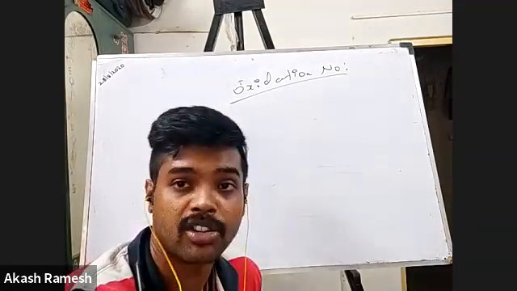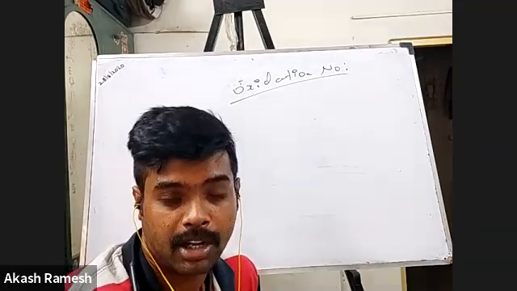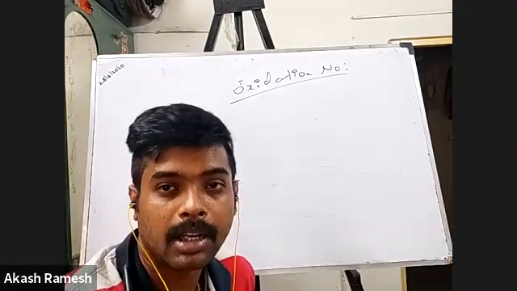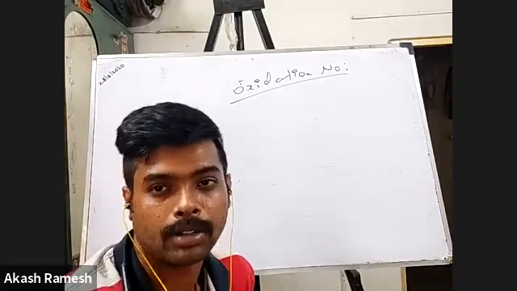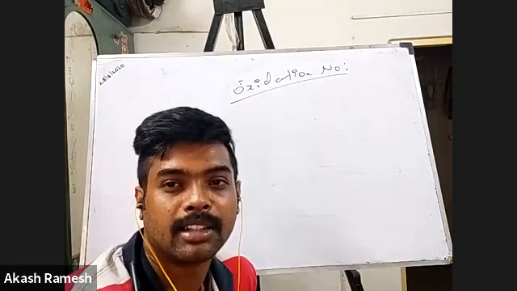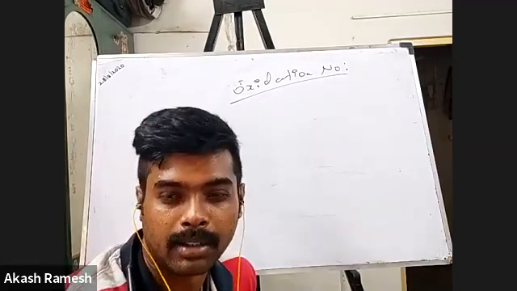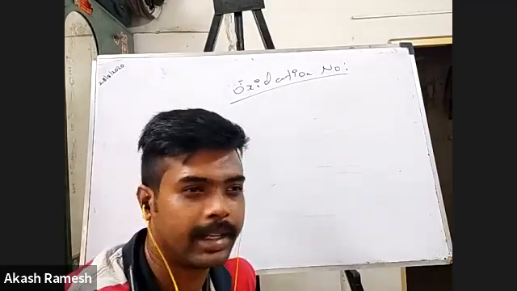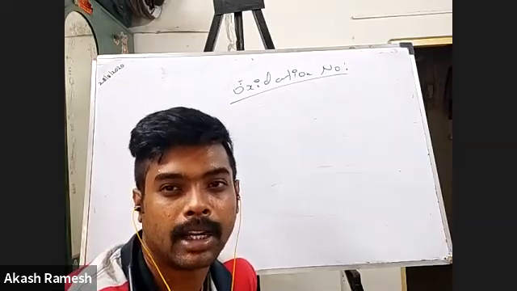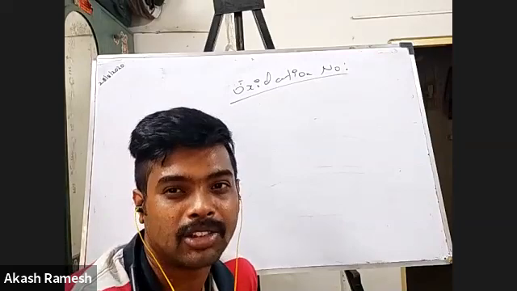So I'll repeat the definition. Oxidation number is the actual charge possessed by the element in an ion or a compound. Very simple. Or I can even say that it is the valency of the element. In almost all the cases, you will find that it is basically talking about the valency of the element.